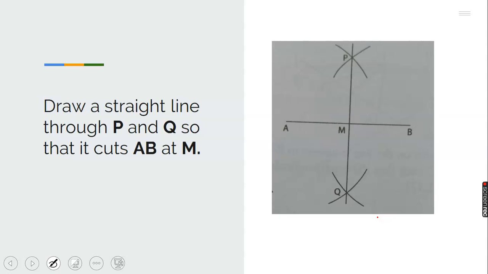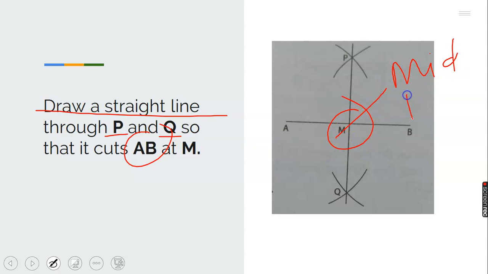Now look at, when you draw a straight line through P and Q so that it cuts AB at M. That M stands for midpoint. The midpoint. When you use your ruler to check, to measure AM and BM, you will definitely have the same answer.